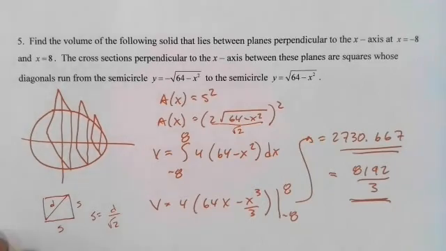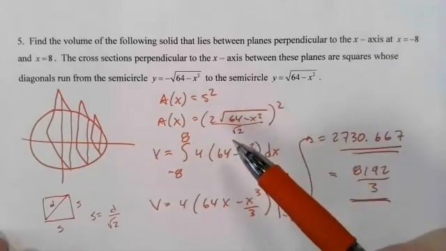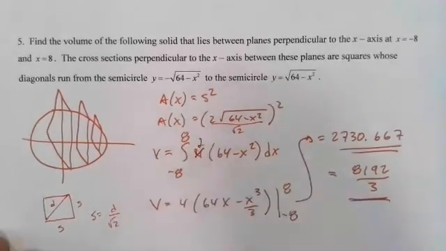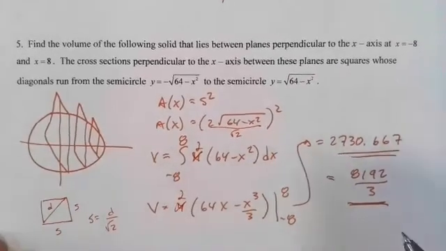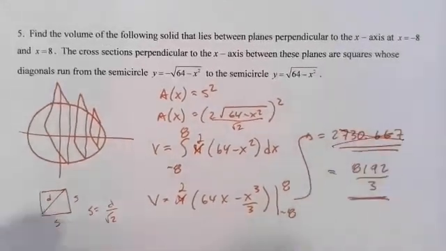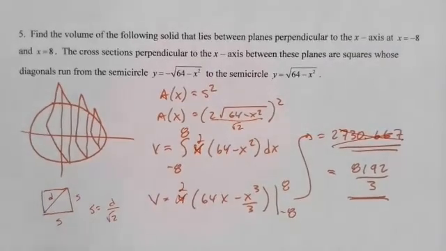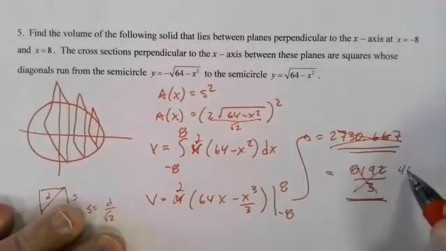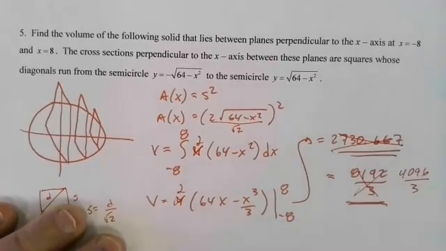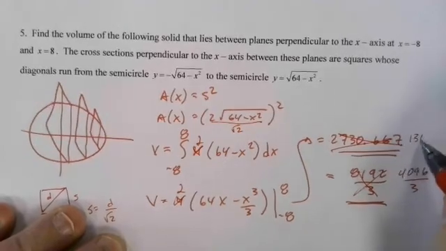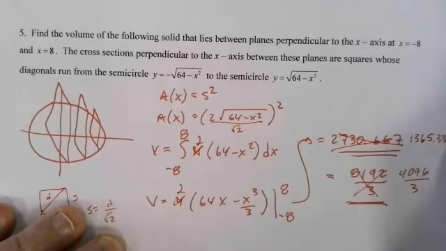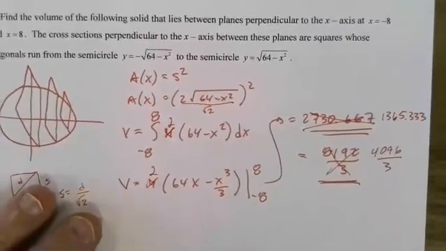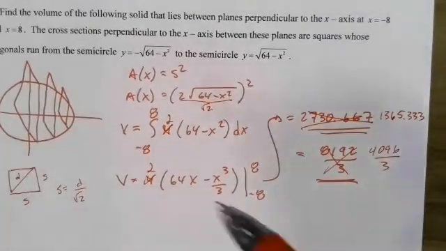Yep, that's the diagonal over root 2. So we square it, we get 4 over 2, we get 2. So this is 2. This is 2. This is 4096 over 3. This is 1365.333. Well, nice to find mistakes, and that's why you draw pictures so you can see them.